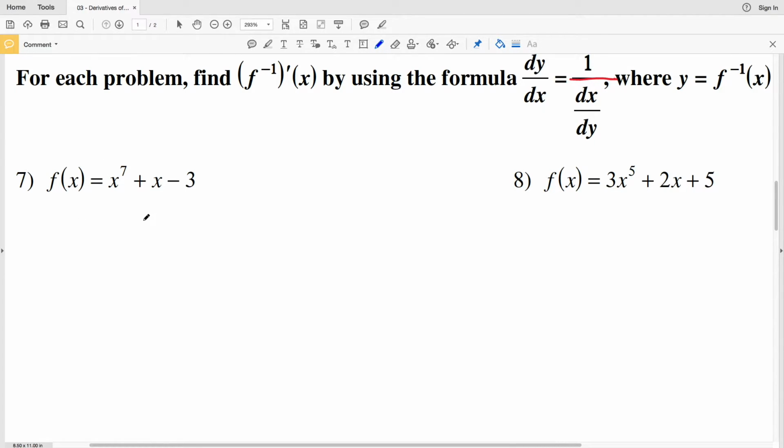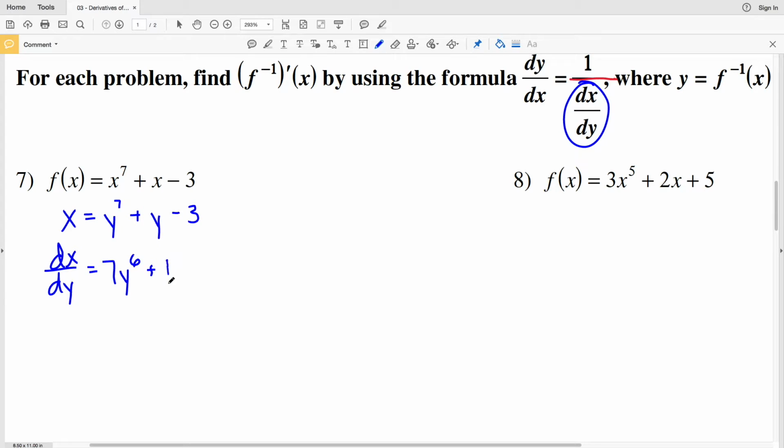So let's flip our x and y values, because solving for y in that case will give us the inverse function of x. So we'll have x equal to y to the 7th plus y minus 3. So now we're going to find the derivative of x with respect to y. So the derivative of x with respect to y equals the derivative of y to the 7th, which is 7y to the 6th, and the derivative of 1 times y is 1.